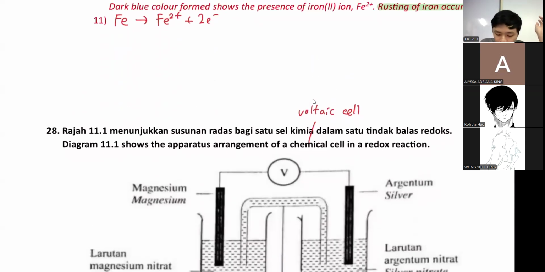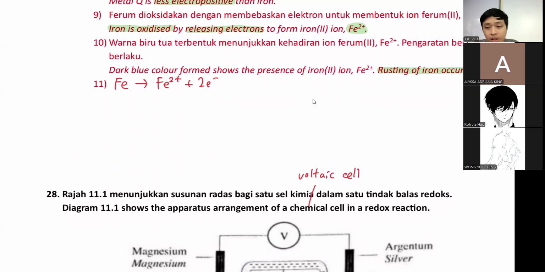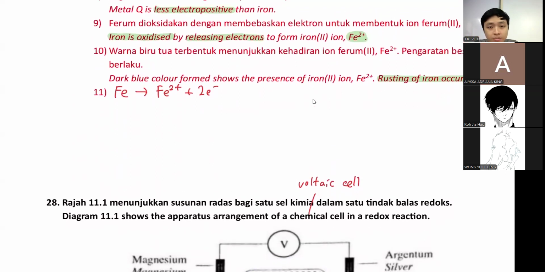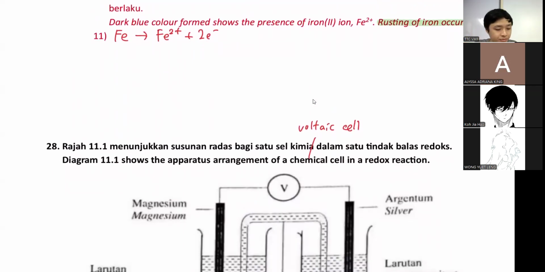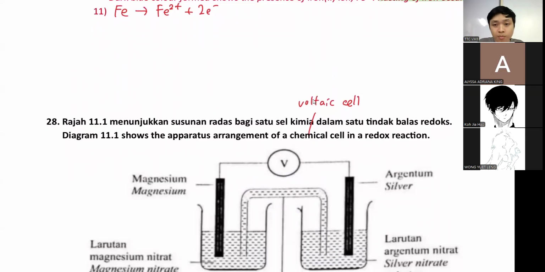This one uses a salt bridge to separate the magnesium and silver. I give you maybe 10 more seconds. Start. What is the function of the salt bridge? To complete the electric circuit by allowing the movement of ions.